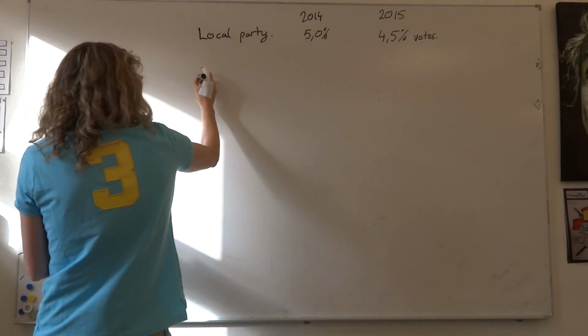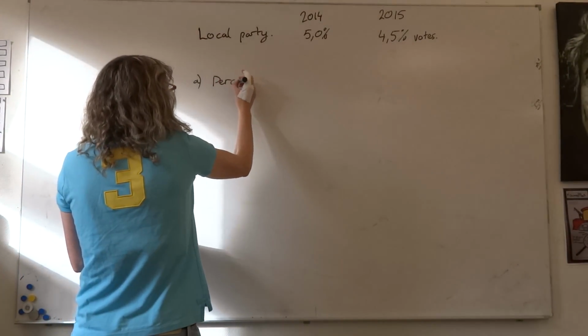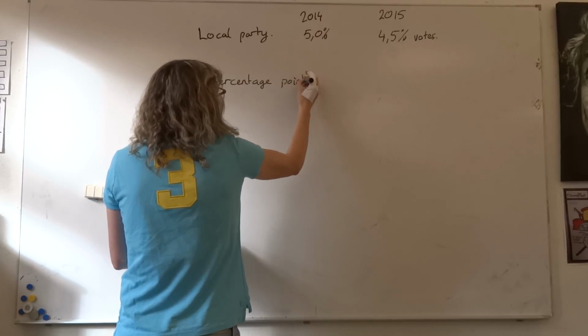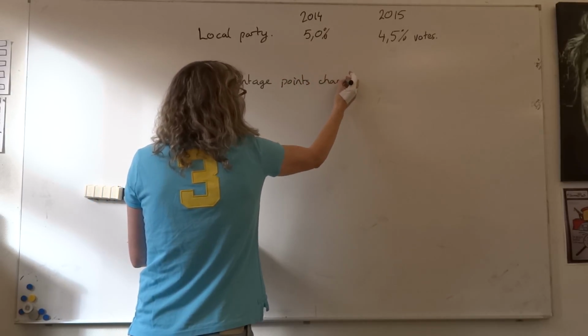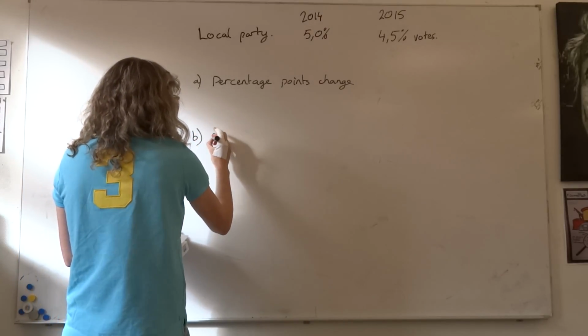The questions are: A, what is the percentage points change? This is what you call procentenheter, percentage points. And B is the percentage change.